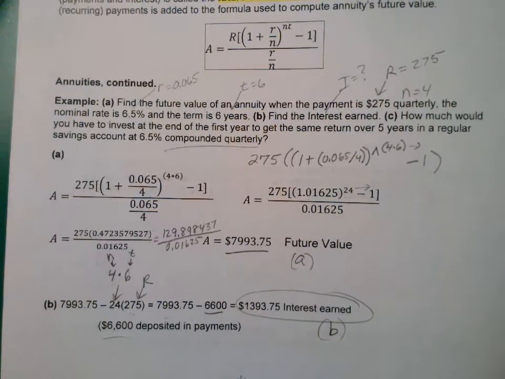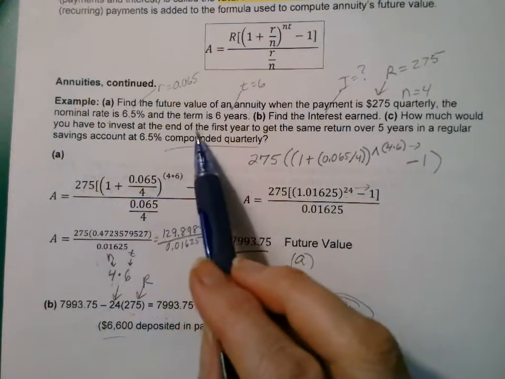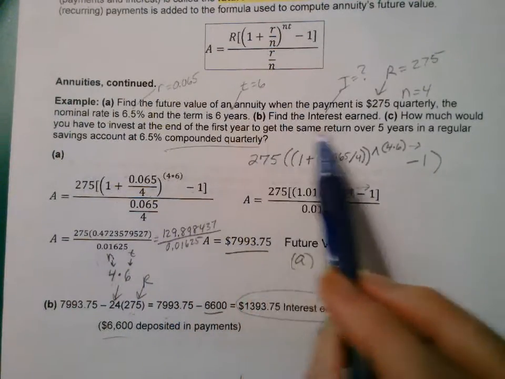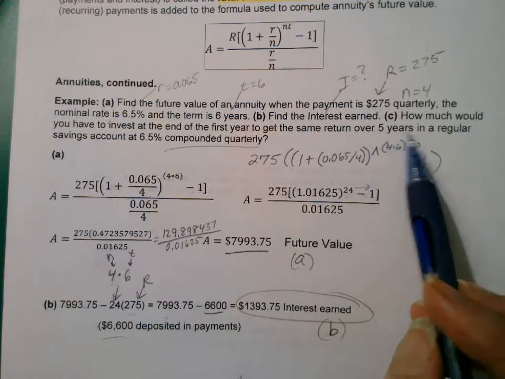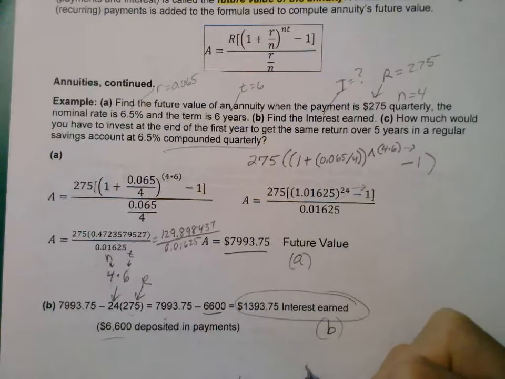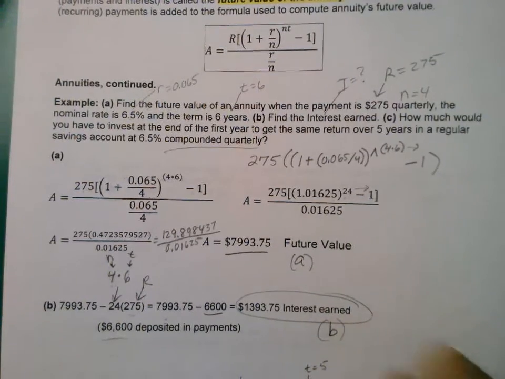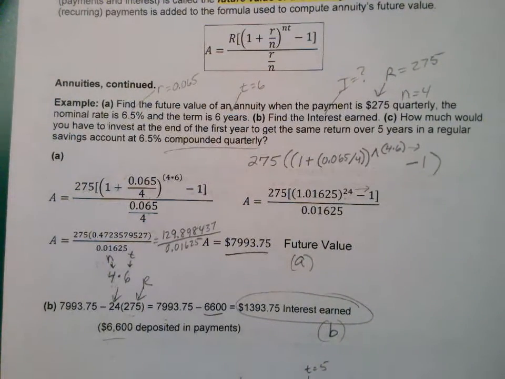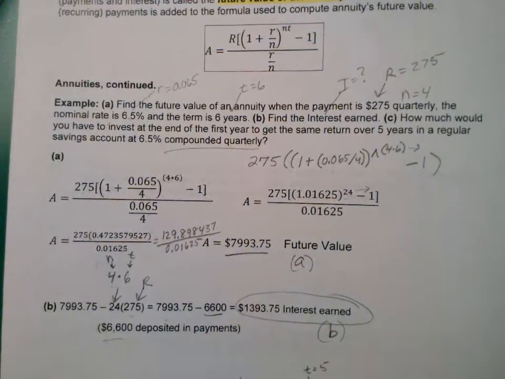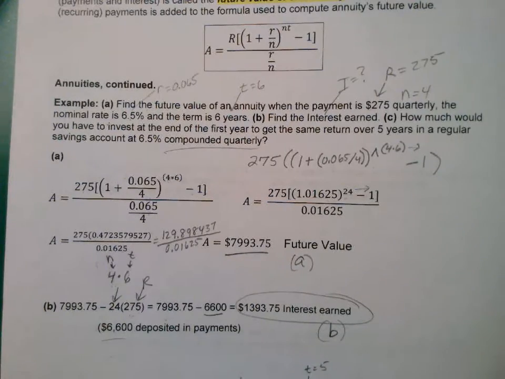How much do I have to put in if I invest that amount at the end of the first year and get the same return for 5 years? So this is your term is 5 years, not 6, because you're putting it in at the end of the first year, but you're still being compounded quarterly, and that's still your interest rate.